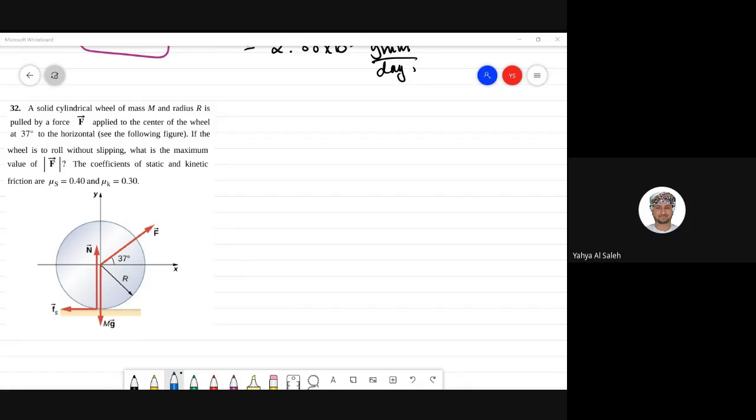Wa'ad, we can come back to this once we finish with chapter 11, since we're focused on chapter 11 at the moment.